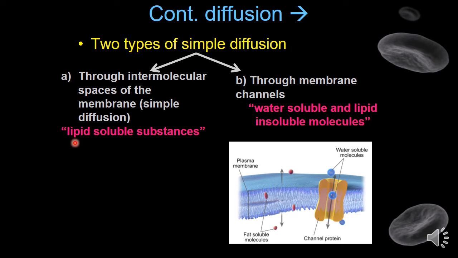All the gases can be transported through the cell membrane this way, directly, like oxygen, carbon dioxide, nitrogen, and so on. The other way is through protein channels, as you can see in this diagram. This method is used by water-soluble and lipid-insoluble molecules like electrolytes and so on.